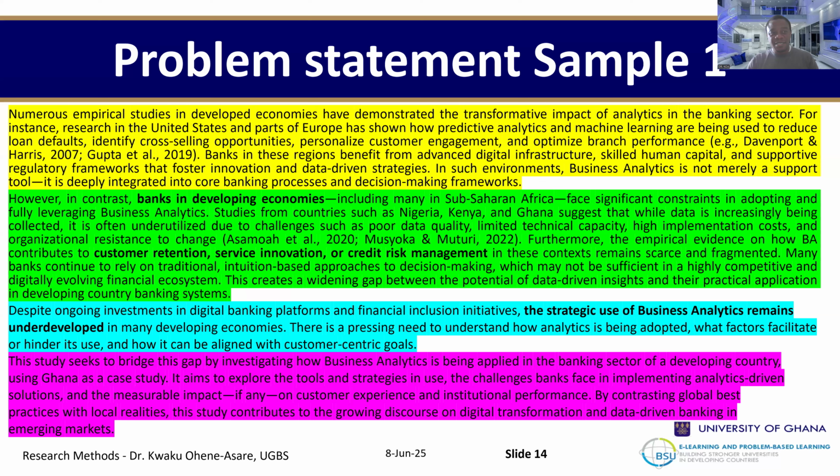For instance, research in the United States and parts of Europe has shown how predictive analytics and machine learning are being used to reduce loan defaults. Research in the US has demonstrated how machine learning is being used to identify cross-selling opportunities, personalize customer management, and optimize branch performance. A couple of those researchers have been thrown in here.